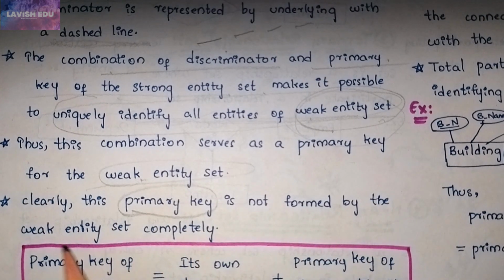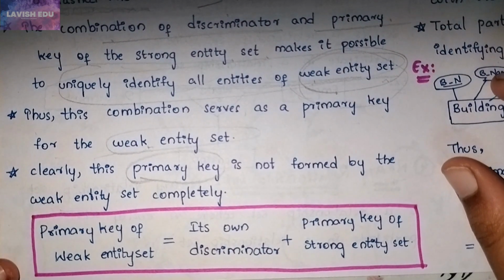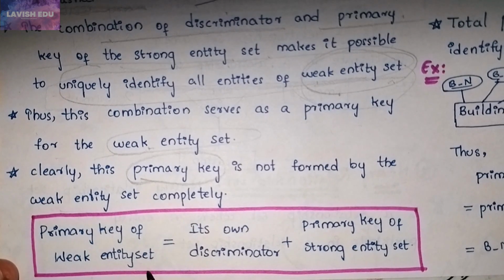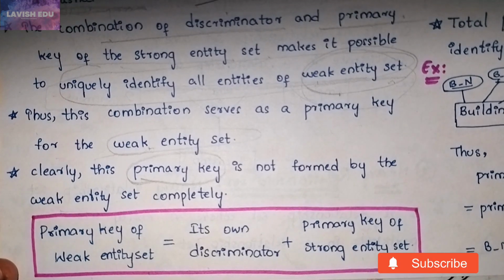So here the primary key is not formed with the weak entity set completely. It is formed by the primary key of the strong entity set. This represents the overall description of the above sentences: primary key of the weak entity set is equal to its own discriminator plus primary key of the strong entity set.